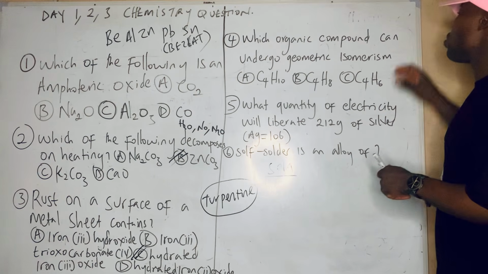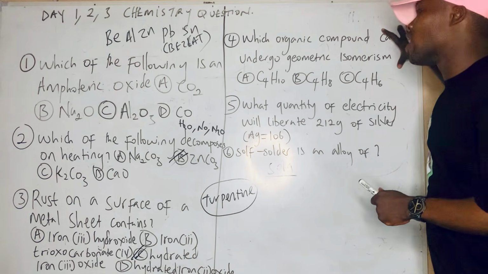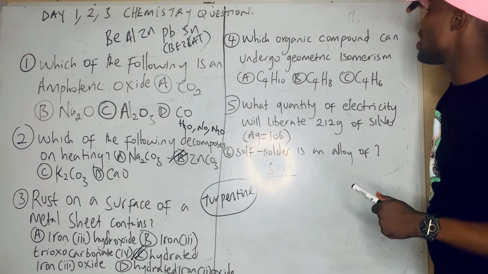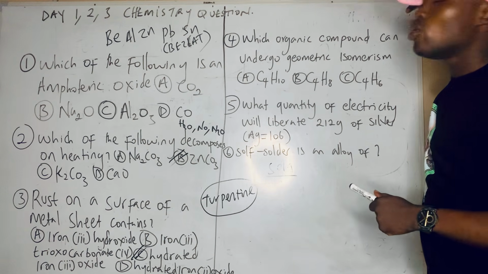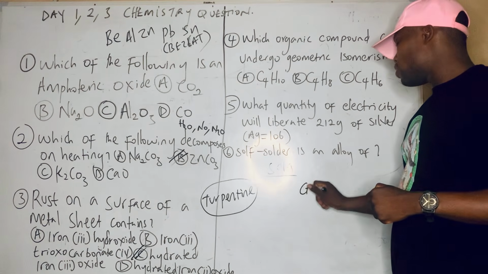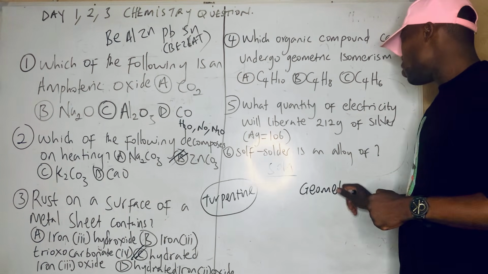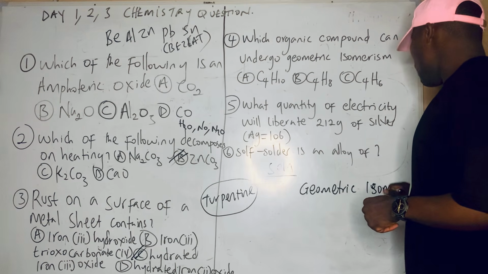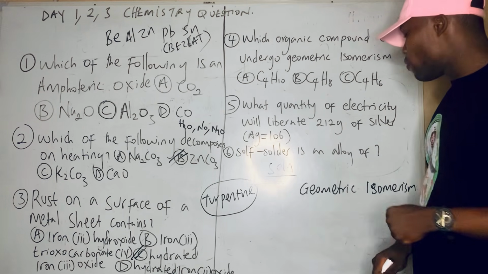So this question number 4 is on organic chemistry. Which organic compound can undergo geometric isomerism? Geometric isomerism is common to alkenes, compounds with a double bond. So you need a compound with a double bond.